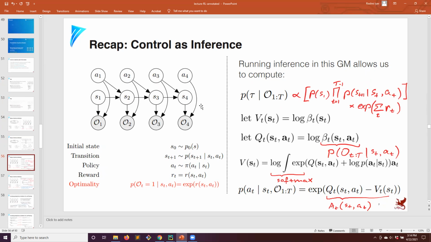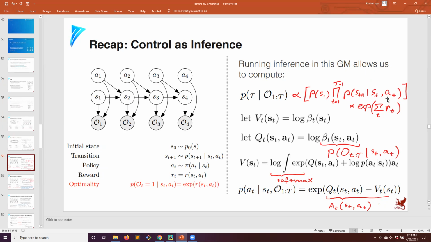Okay, and then when we introduce the notion of the optimality variable, the O's here, we also said how can we, given the reward, get the trajectories. So this part can be rewritten in this way, where we have the initial state, then these are following the transition dynamics from the environment.